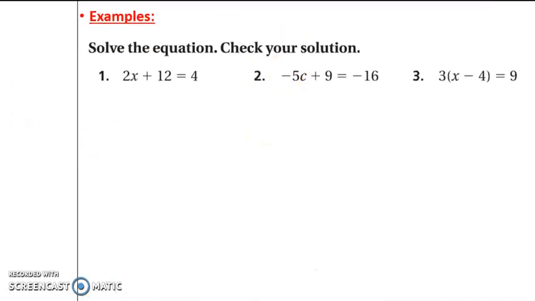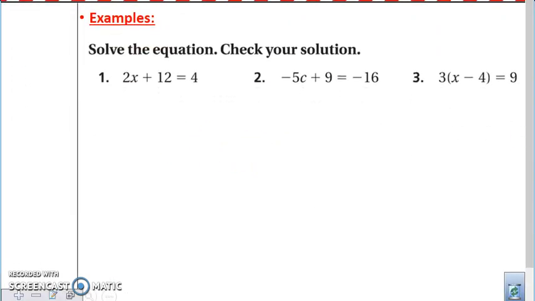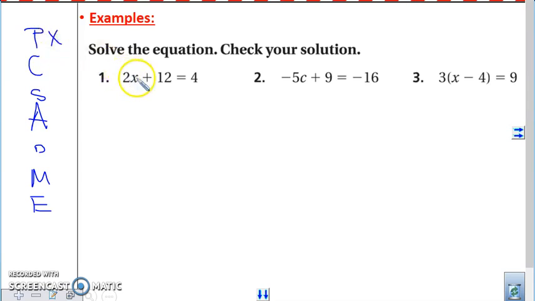Example 1. I'm giving you the structure, the P, C, SADMe, for a reason. Make sure you're using it to follow what order you need to go in. Number 1, is there parentheses? No. Number 2, are there like terms?